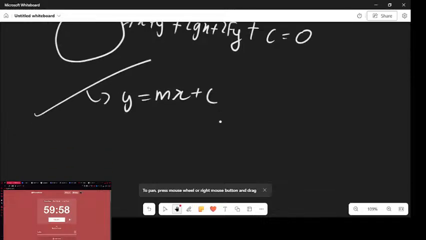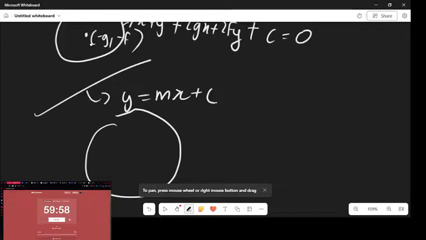Now the image will be another circle. If this center is minus g comma minus f, the image of this will be at the same distance with respect to this line, and would be the equation of another circle.